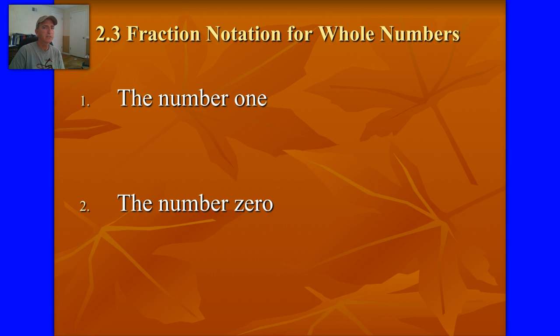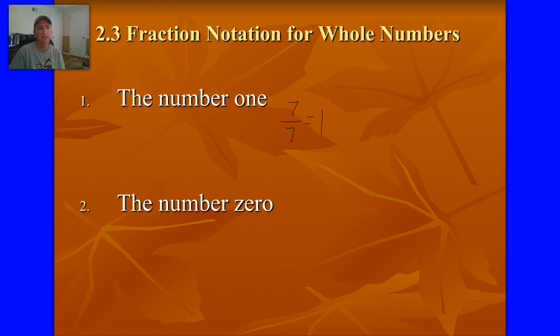I believe we hit this earlier in a video. So real quick, if we talk about the connection between fractions and whole numbers, the number one, this is review, so I'm going to go kind of quick here. Anytime we have a number over itself, like 7/7 is equal to 1, because the top number and the bottom number are the same.